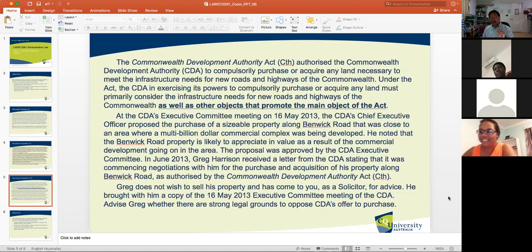So the Migration Act had a so-called ouster clause, which prevented judicial review by the courts of decisions made by the Minister for Immigration when he exercised his discretion. The question is, would that provision, that so-called ouster clause, be valid?